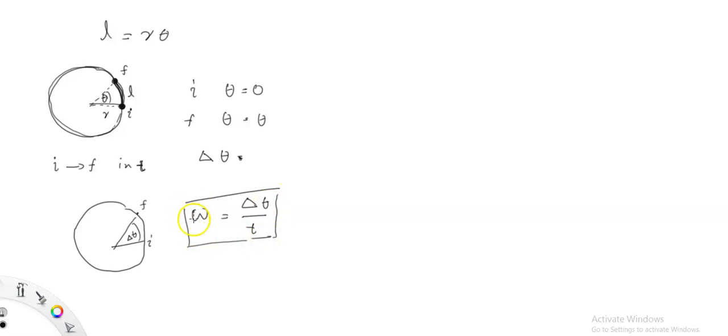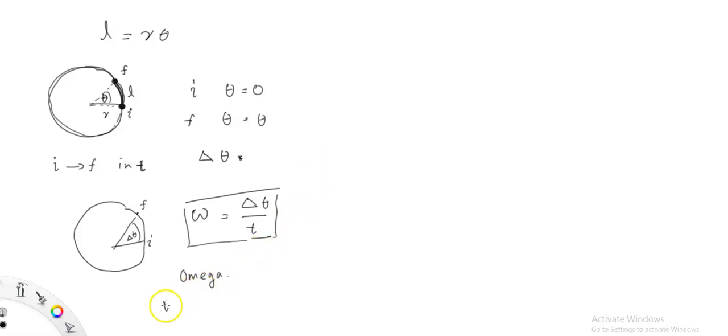This W looking letter is called omega, and it is the rate of change of the angle, or how fast the angle is changing. In other words, how fast something is rotating. This is kind of the counterpart to the velocity, right? This is angular velocity.